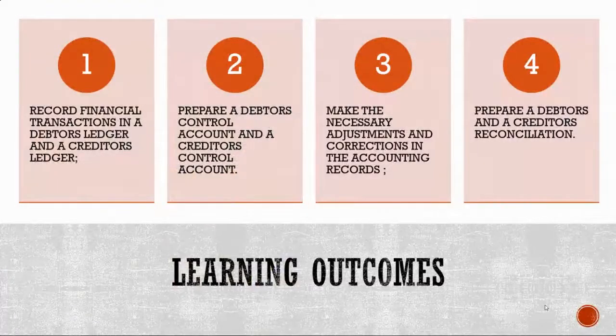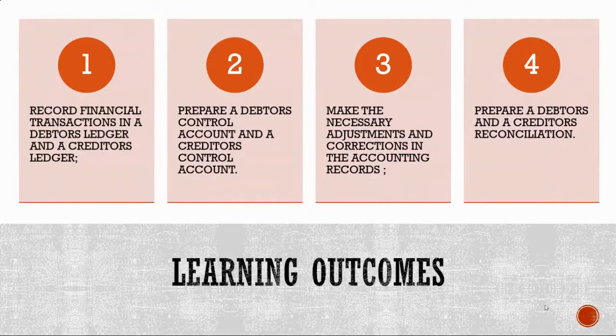These are just the learning outcomes for this specific learning unit. The main focus is you need to be able to record the transactions in the individual debtors or creditors ledger, then prepare the control accounts, which is our general ledger T account, and then make any additional corrections if there were errors. That's what we're going to look at today. And then you prepare the debtors or the creditors reconciliation.